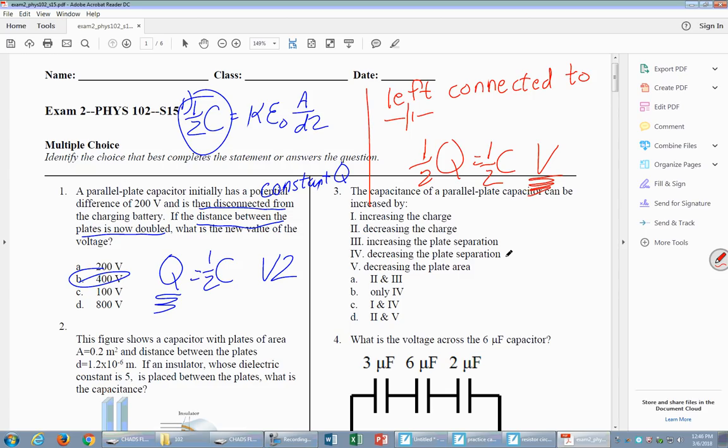But the voltage remains constant if it stays connected to the battery. The charge can change, but the voltage stays the same. Okay? Don't try to memorize them, because there are lots of different iterations on this as you change the various dimensions of the capacitor. Just remember those simple rules about what happens to the capacitance and then what remains constant.